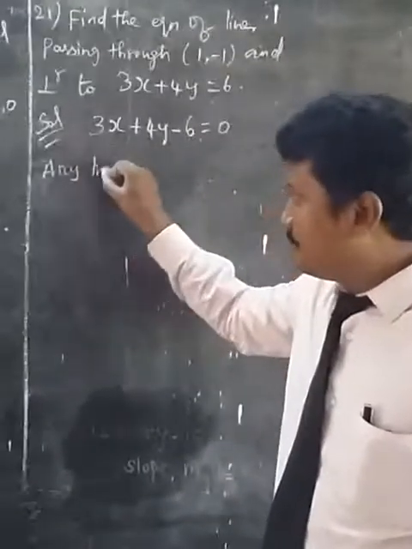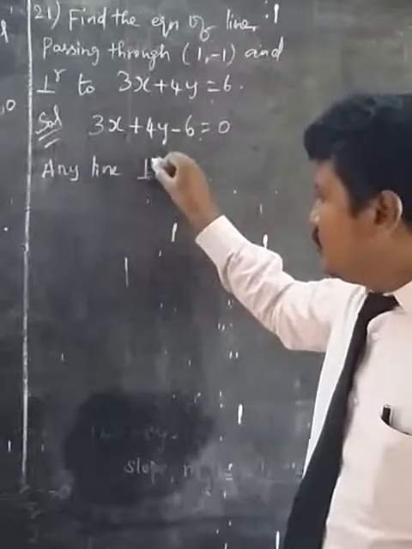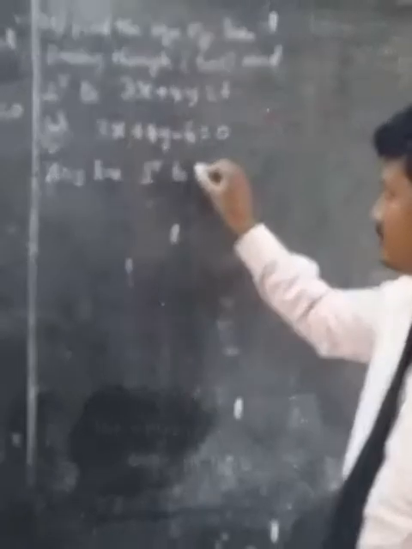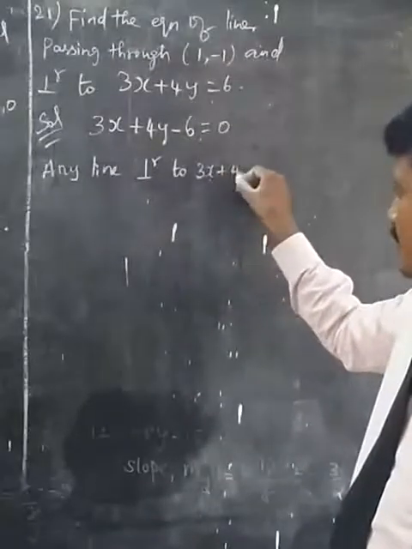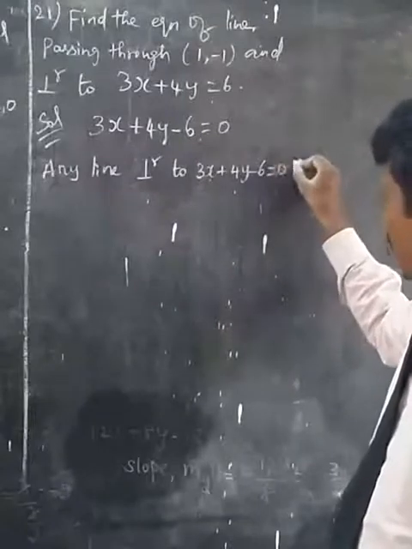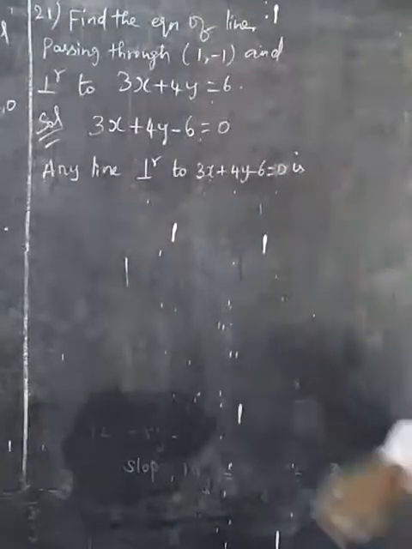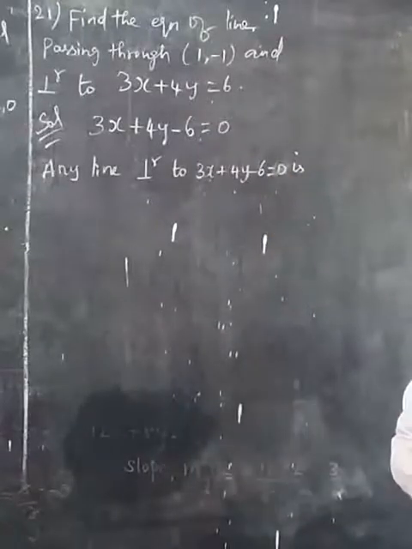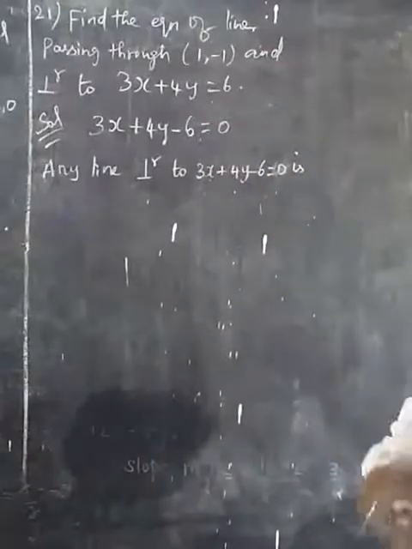Any line which is perpendicular to the above line, that is 3x + 4y - 6 = 0, will be of the format... You know, I think in 10th standard. If you don't know also, I am going to explain it now.